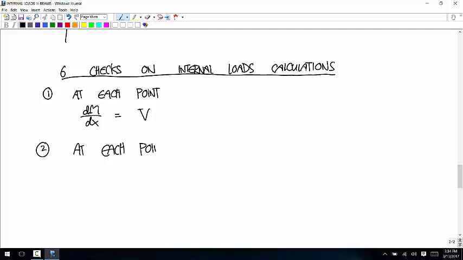At each point, the derivative of the shear force with respect to x is equal to the negative of the distributed load function.